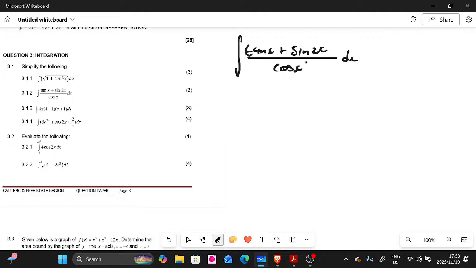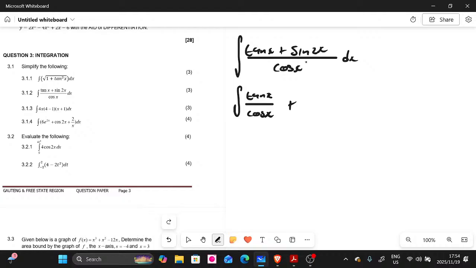So you can rewrite this like this: tan x divided by cos x, plus, and then we can change sine 2x into the double angle identity.